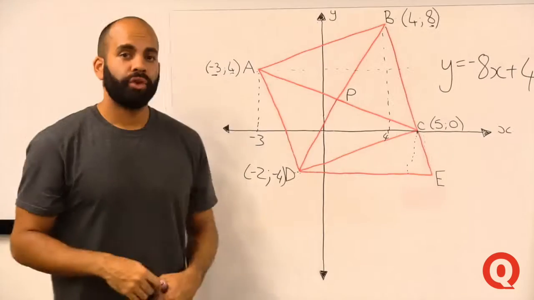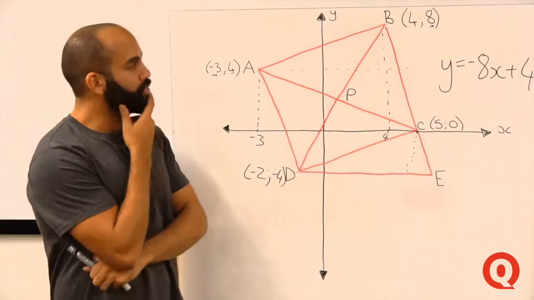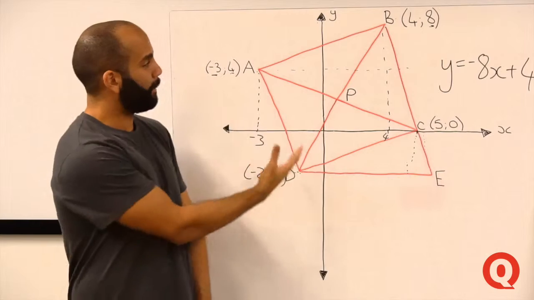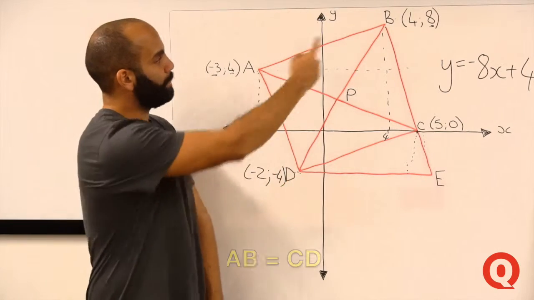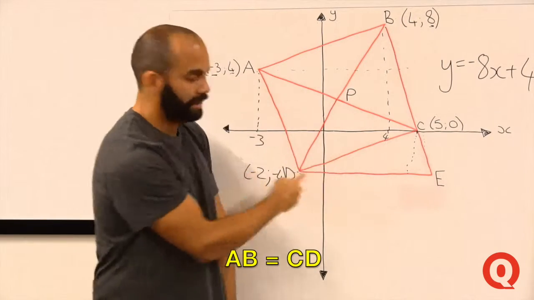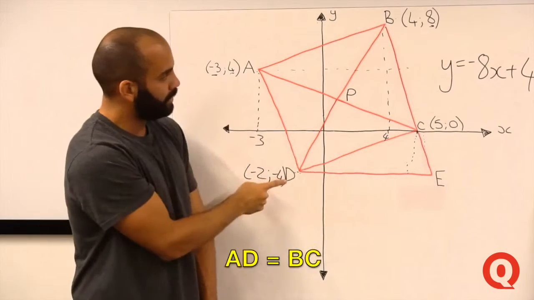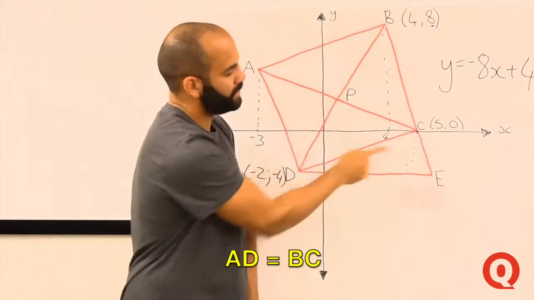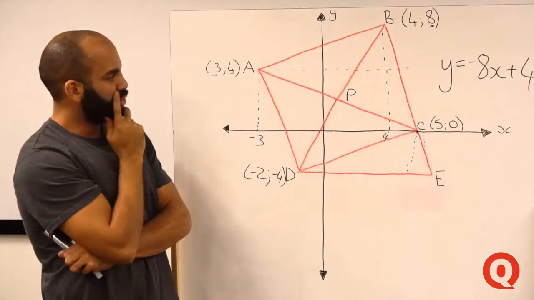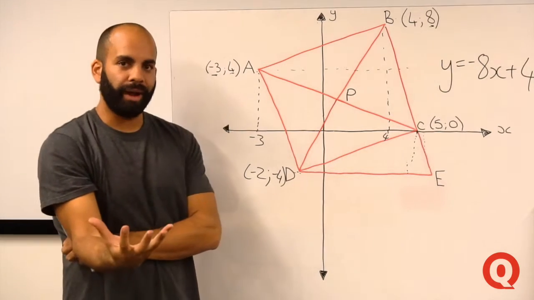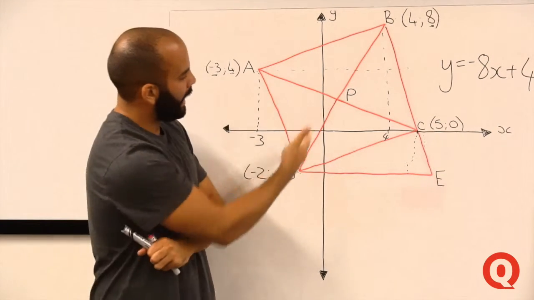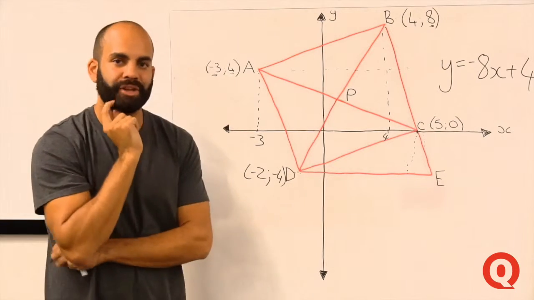P is. So the next thing you're going to do is using the property again of this being a parallelogram and you knowing that AB is equal to CD and AD is equal to the same length as BC. So you know that being a parallelogram, the diagonals must bisect each other.